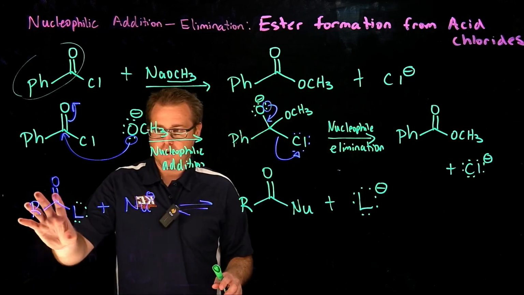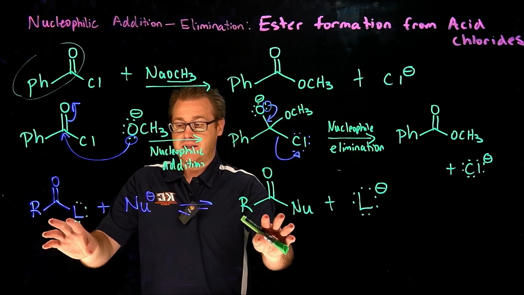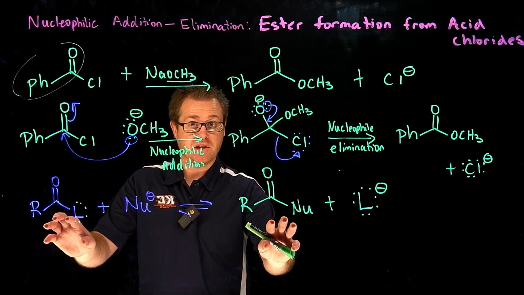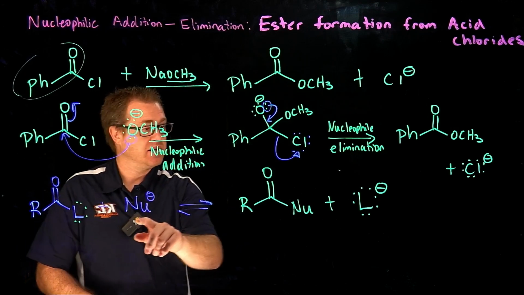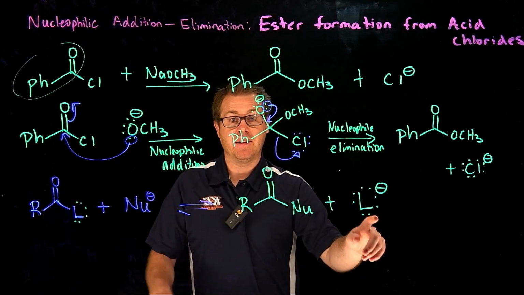So when we take a look at this generic reaction here, these acyl substitutions can be reversible when the stabilities of the attacking species and the leaving group are relatively the same.